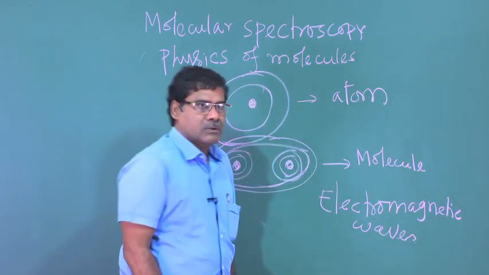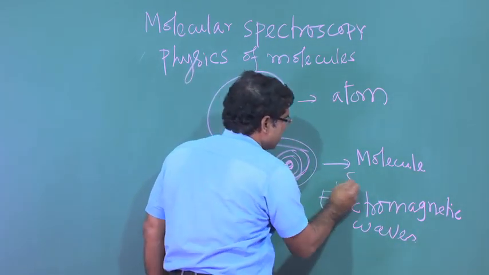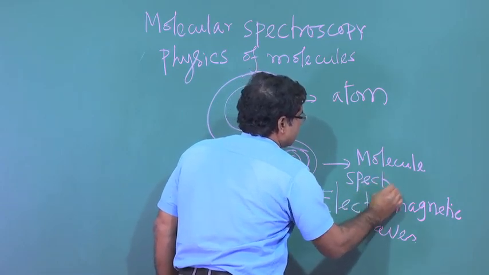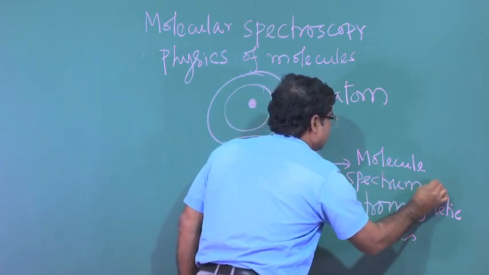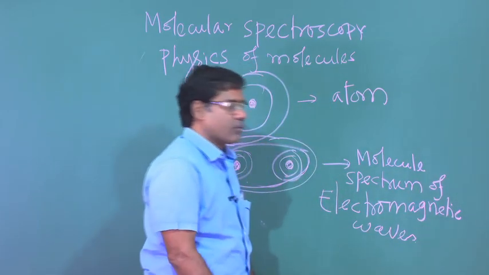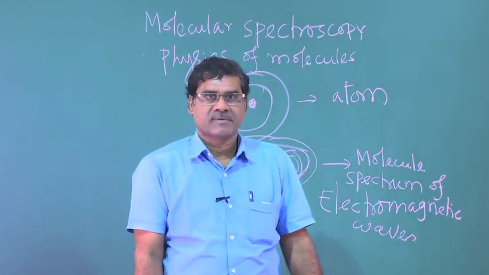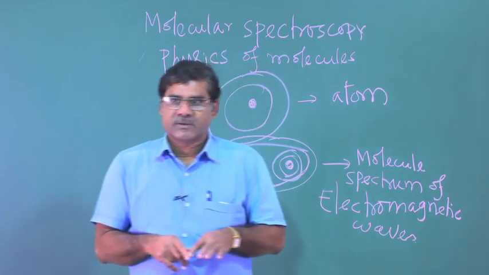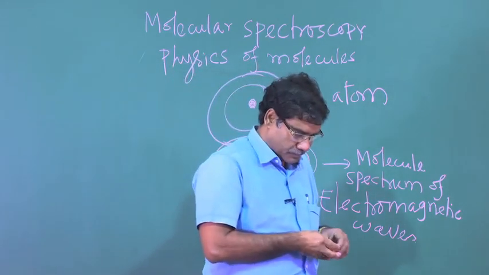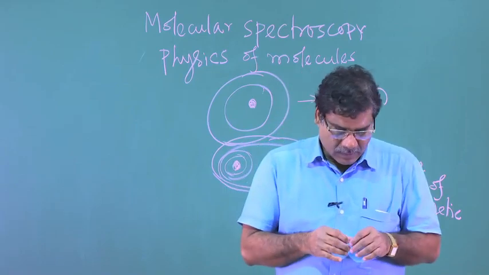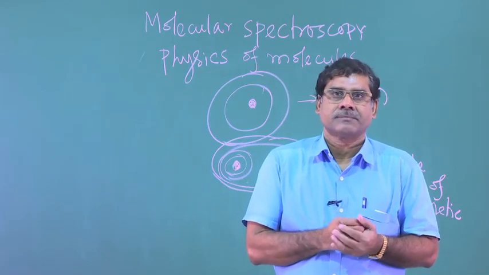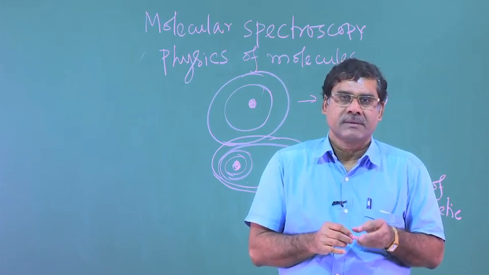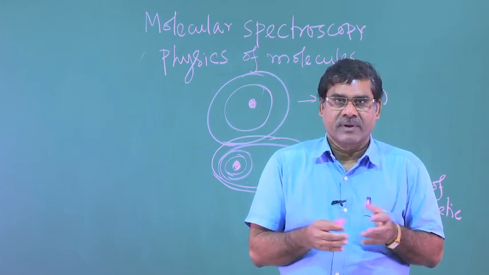Okay. So, spectrum of electromagnetic waves. Spectrum means this spatial distribution in terms of wavelength or energy or frequency.